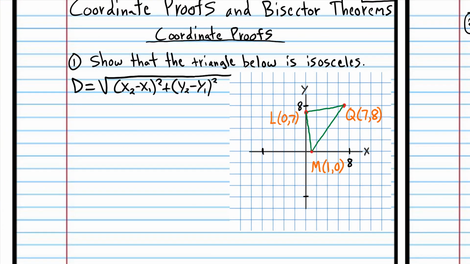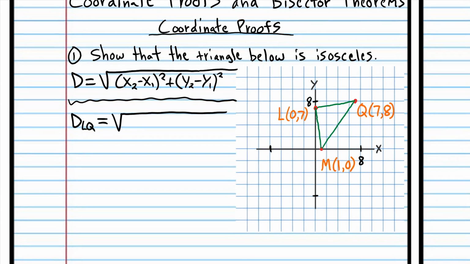The first thing we're going to do is find the distance between L and Q. I'm going to make L point 1 because that's the first letter in that subscript there, and Q point 2. I'm not going to take the time to assign variables and all that type of stuff because that would just take too long.